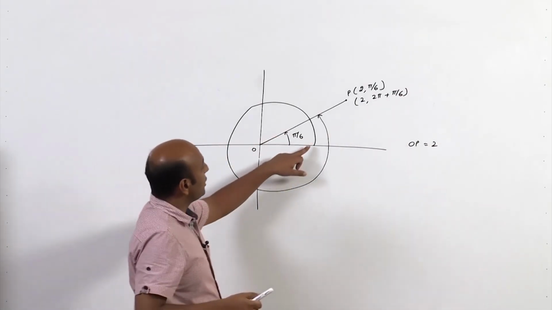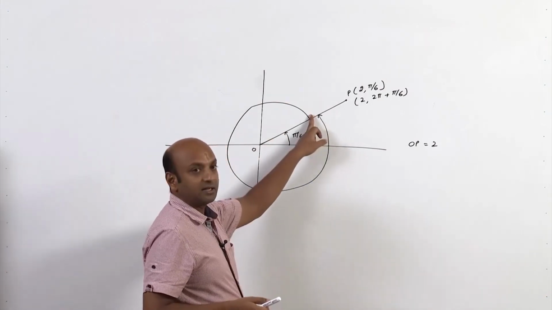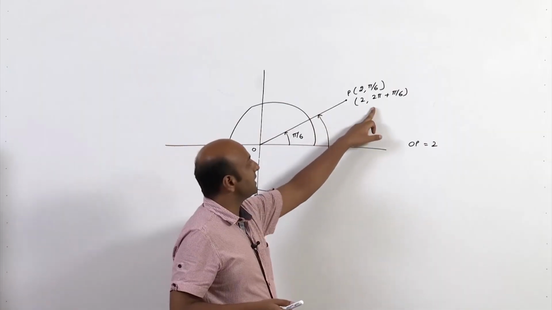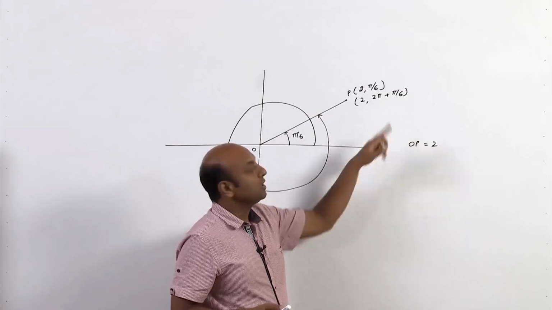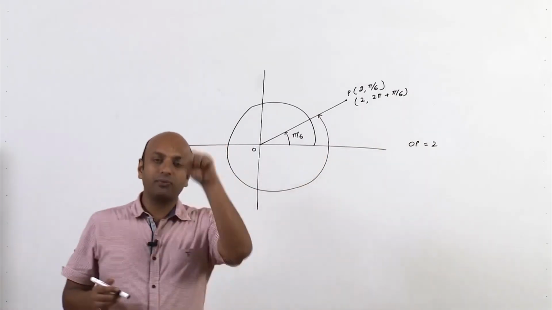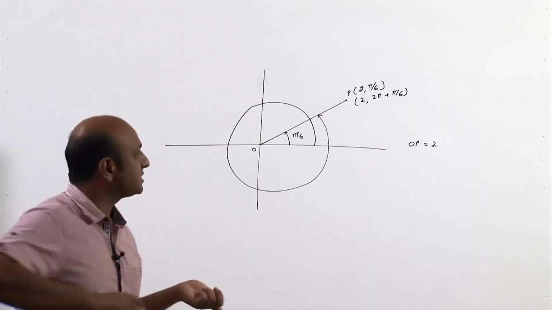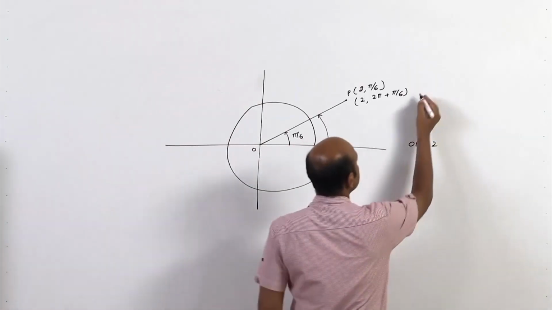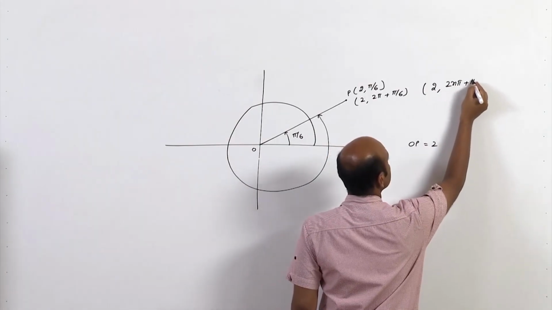Now this point may also be reached when we take 2 circular rounds and come again to this line. So this will be 2 comma 4 pi plus pi by 6. Okay. So similarly, if we take n number of rounds and come to the ray OP, then this representation will be 2 comma 2 n pi plus pi by 6.